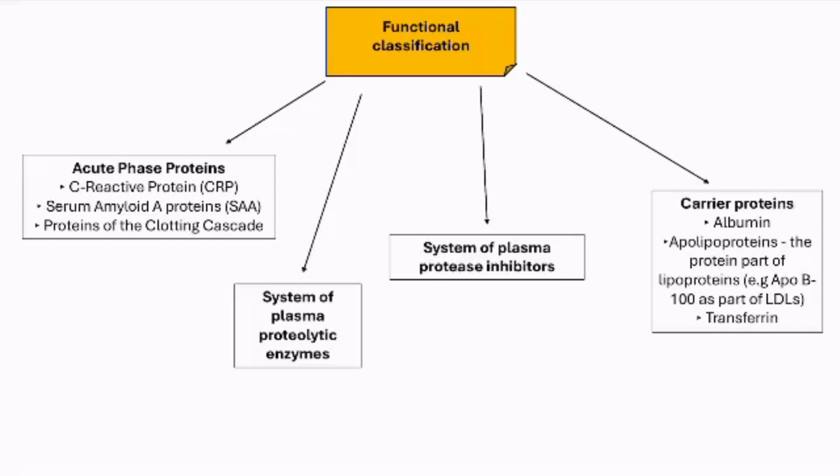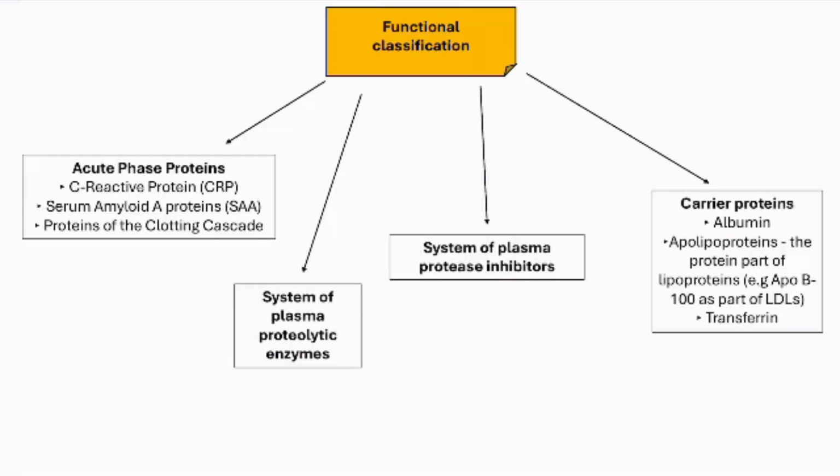And now lastly, the carrier proteins. Albumin, which we have talked about, is not a specific carrier, but it can carry all those previously mentioned molecules which are not completely water soluble. Then you have the apolipoproteins, which actually make up the protein part of lipoproteins, and they help in carrying different molecules.